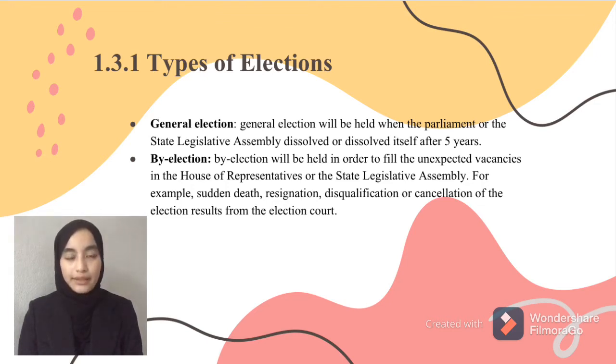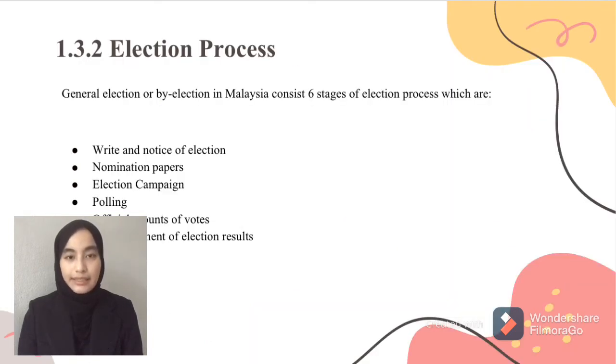A by-election will be held in order to fill unexpected vacancies in the House of Representatives or the State Legislative Assembly. For example, sudden death, resignation, disqualification, or cancellation of the election results by the election court.